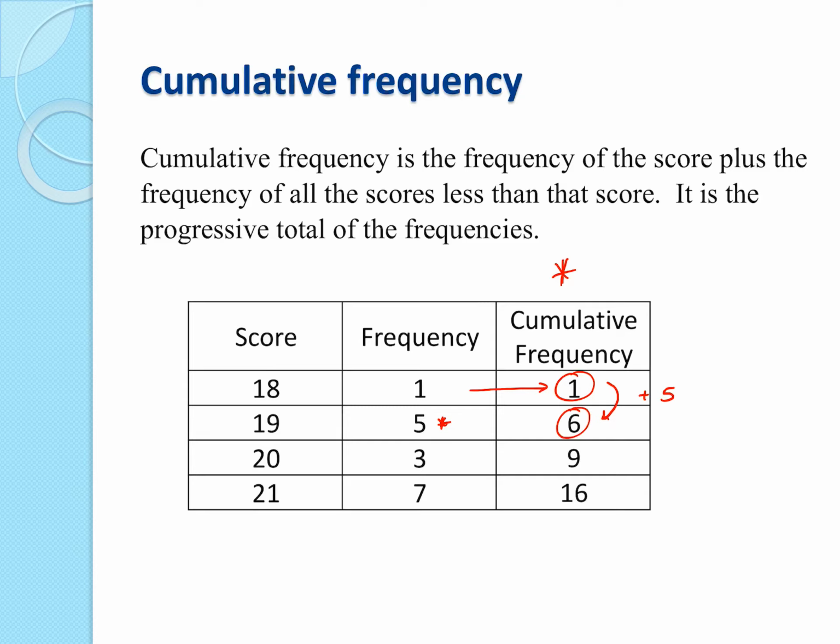That's 6 people that had a score of 19 or 18. Again, since there's 3 people that had a score of 20, we add on 3 to get 9 people that had a score of 20, 19, or 18, and then again add on 7 since there's 7 people that received a score of 21, and then this 16 that you arrive at is the total number of, in this case we're assuming that we're talking about people generically.